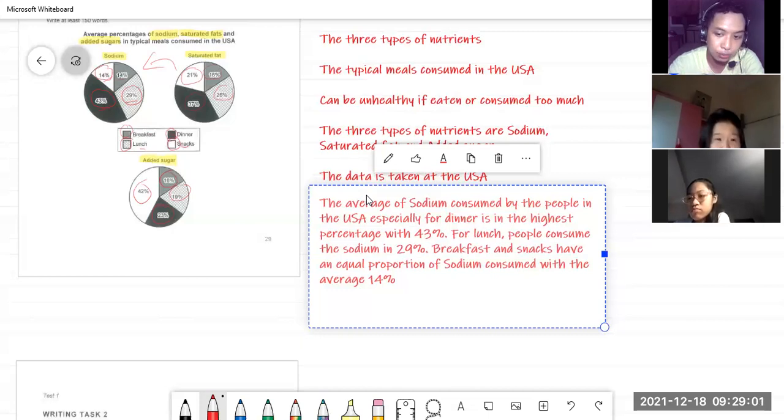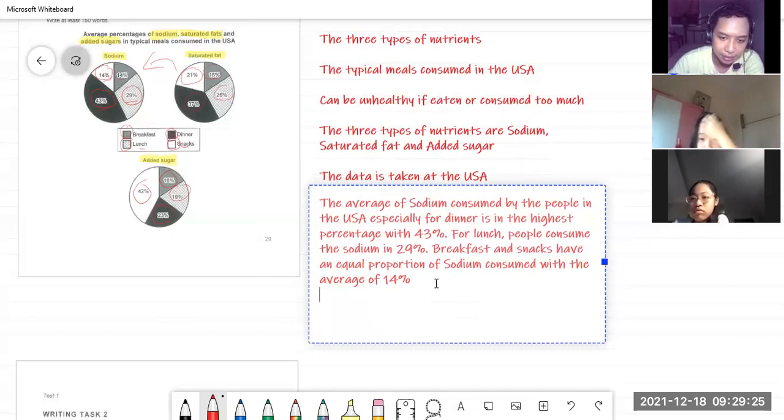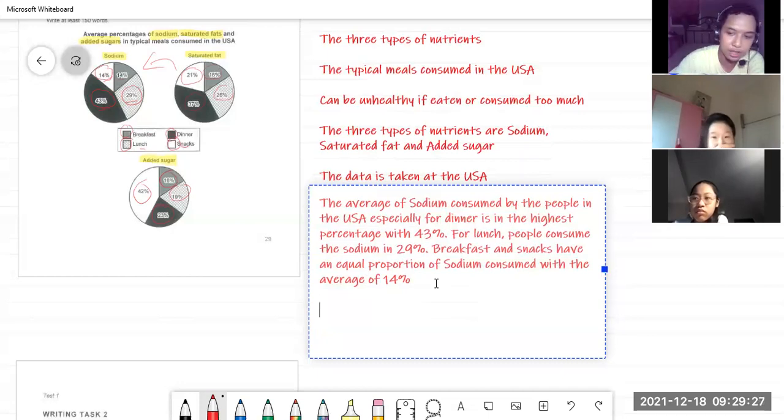And for lunch, people consume the sodium in 29%. Breakfast and snacks have an equal proportion of sodium consumed, with the average of 14%. Okay, so that is the point for the sodium.